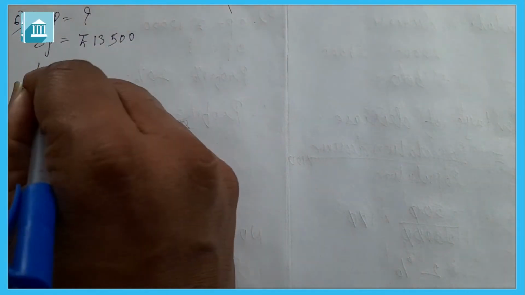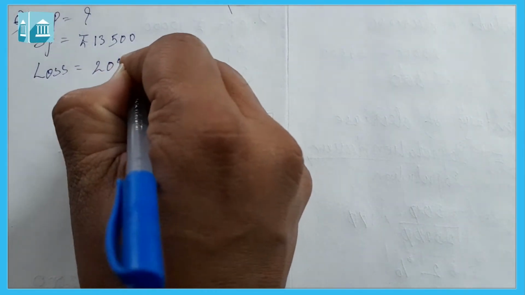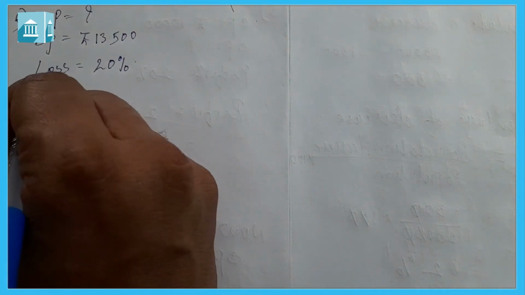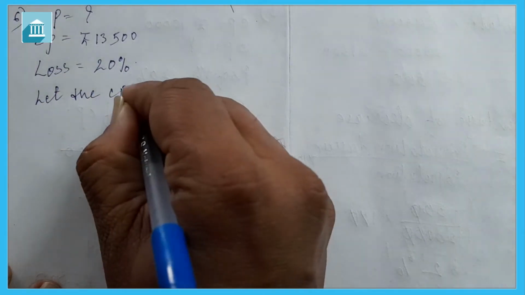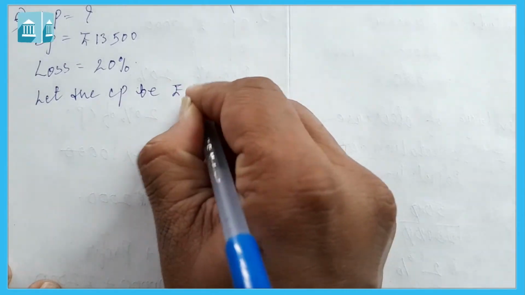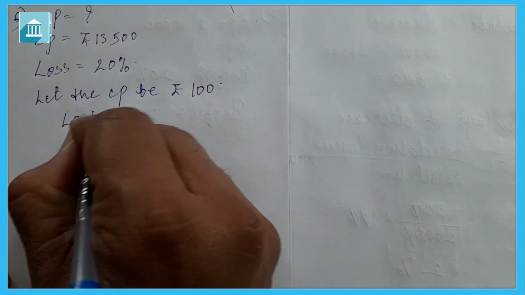It is also given that she lost 20% in the bargain, means loss is given, loss is equal to 20%. But CP is not given, so we cannot go ahead. If CP is not given, we have to assume the CP. Let the CP be rupees 100. Now if CP is rupees 100, here it is given loss is equal to what?